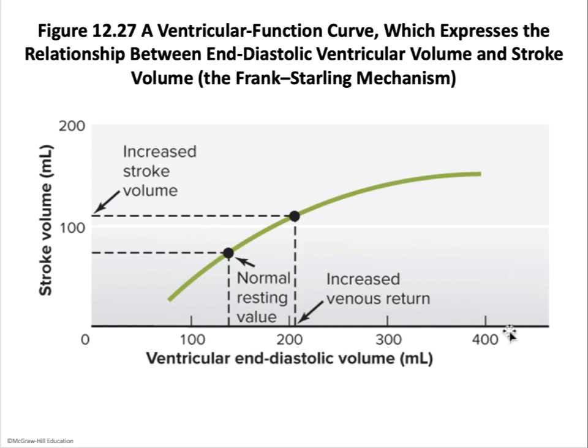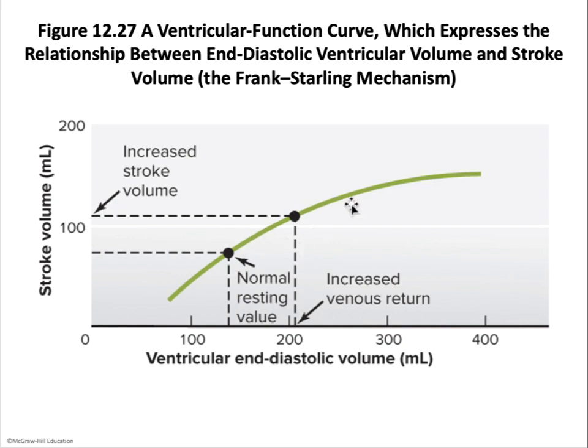This data implies that if you stretch the ventricle to about 140 milliliters, then the amount of blood forced out of the heart will be 70 milliliters. If you stretch the ventricle to, say, 210 milliliters, then on the subsequent heartbeat, the amount of blood ejected from the heart will be about 110 milliliters.